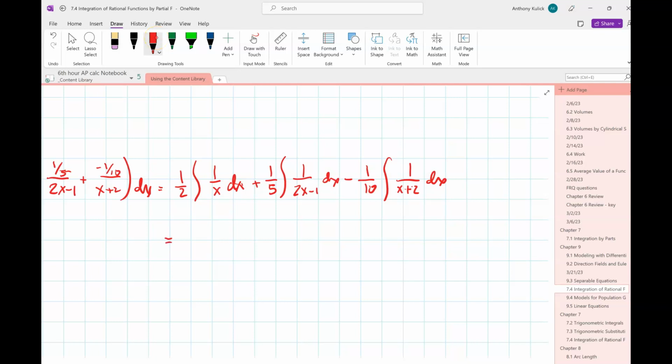So this first integral, what's the antiderivative of 1 over x? Natural log absolute value x. Here for this one, I have to do a u sub.